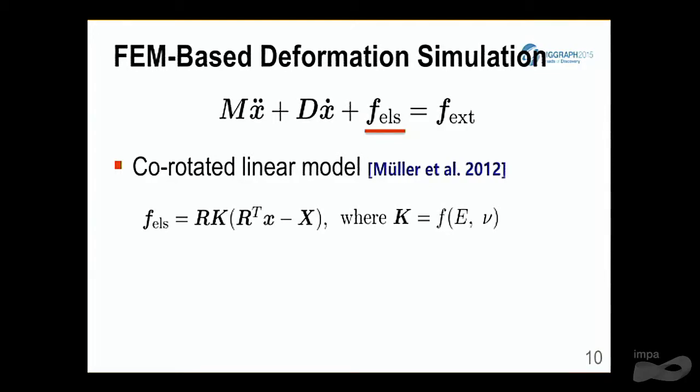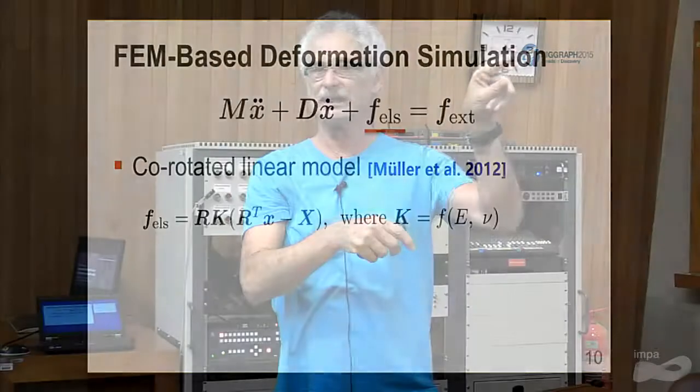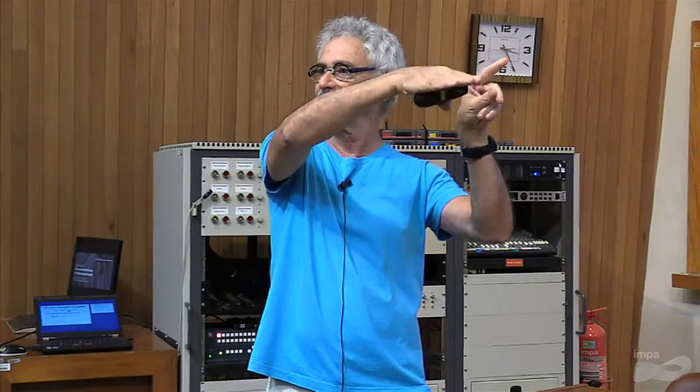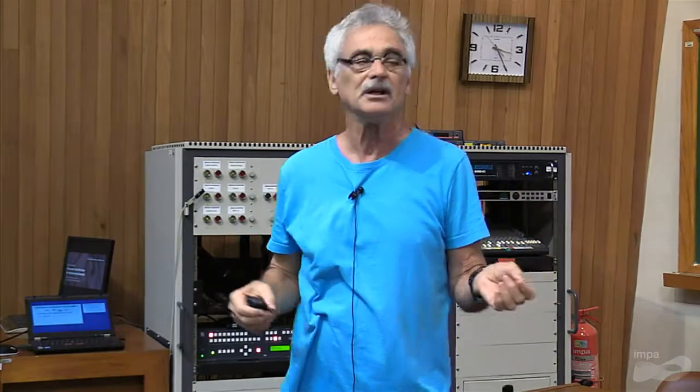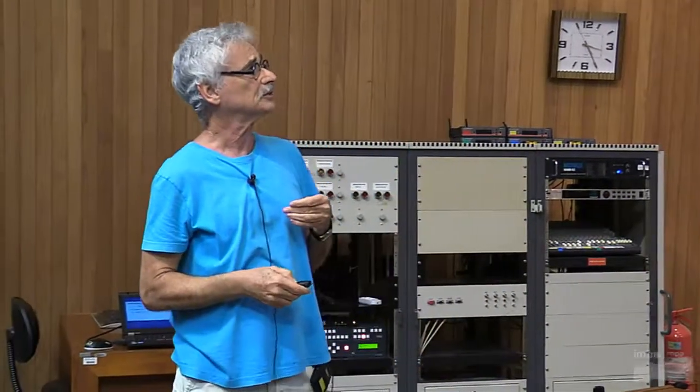If you just use normal finite elements, you're going to get a step function if you do a thing like this. So you want them to be corotated so that you won't have that effect, something that does not appear in normal finite element applications.